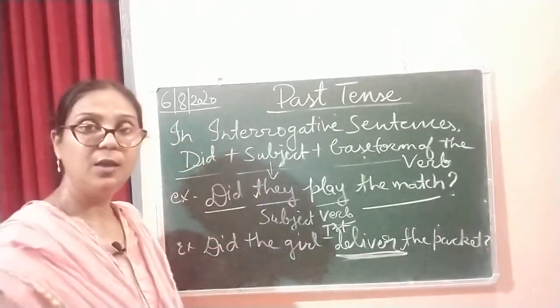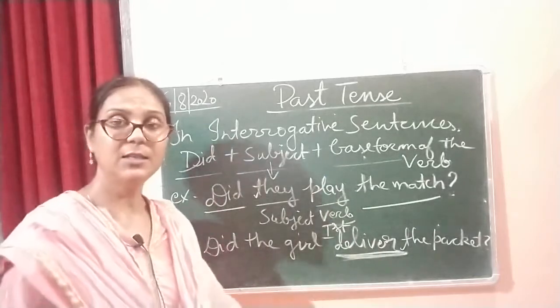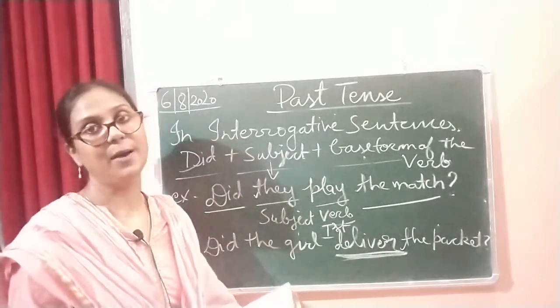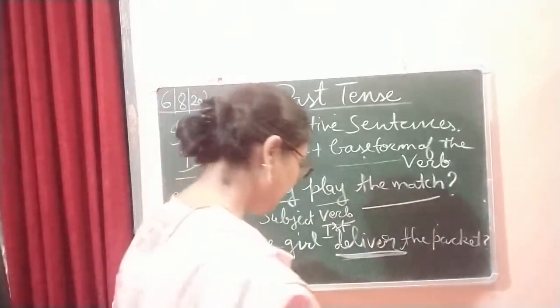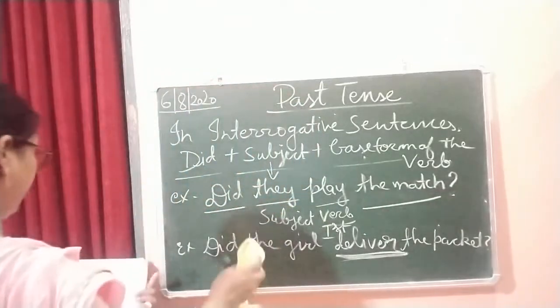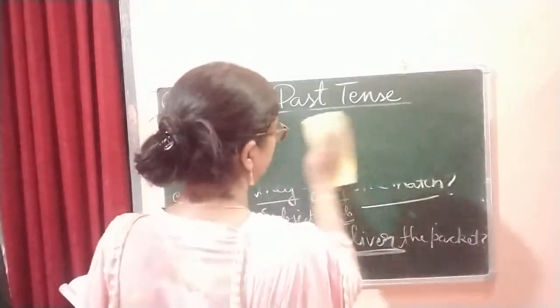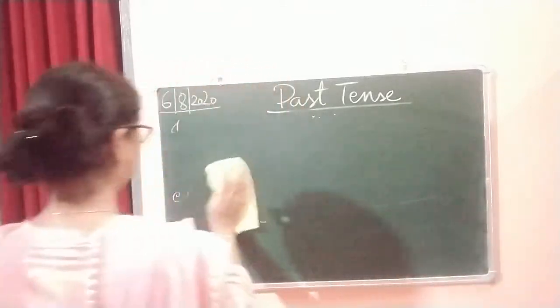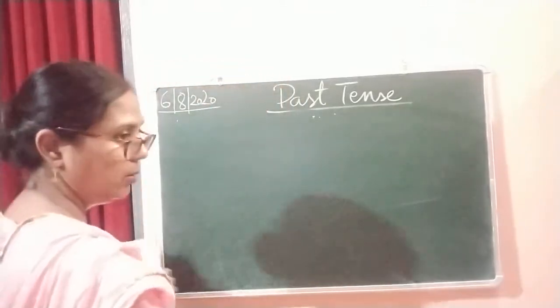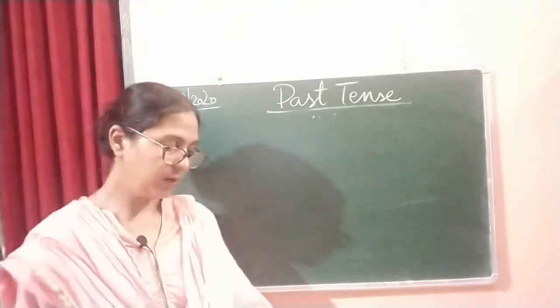So this way we can write interrogative sentences in past tense. Now we are moving ahead in simple past tense, and some exercises which are given in your book that we have to solve.